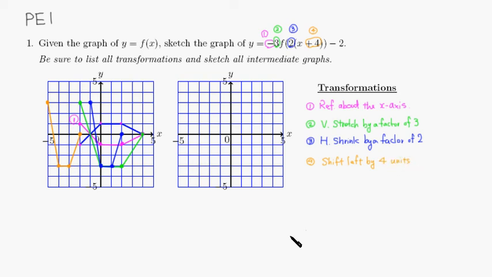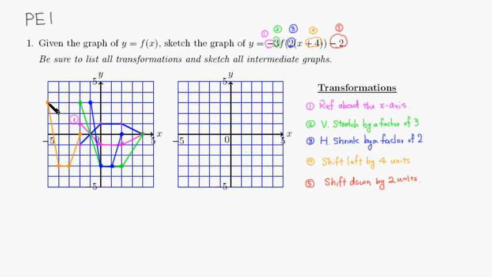And the last one, this is an easy one: subtract 2, so it goes down 2 units. It's a shift down by 2 units.